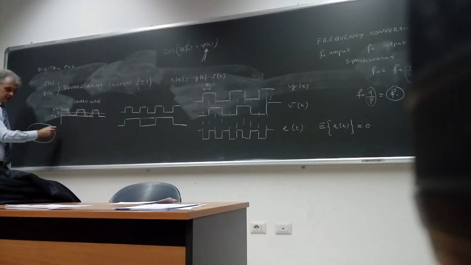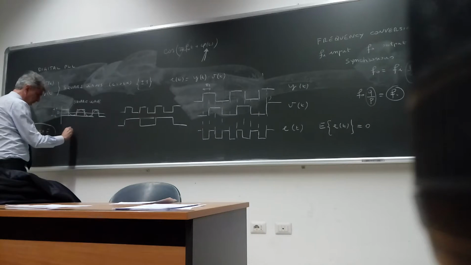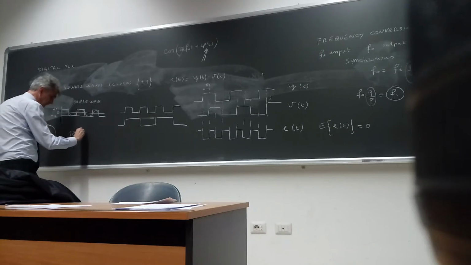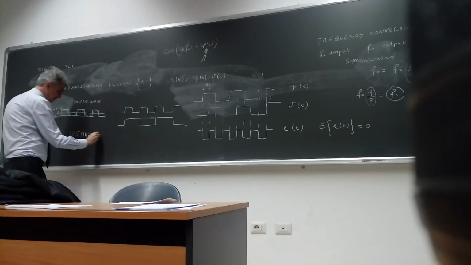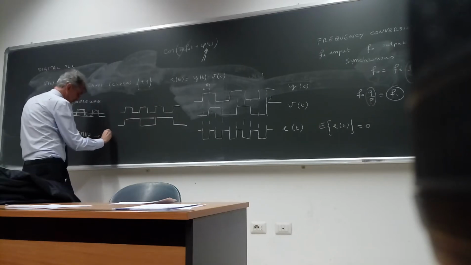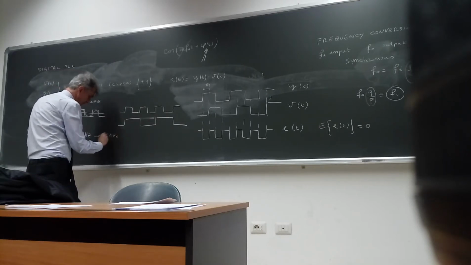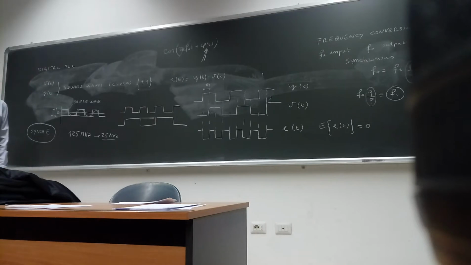In the Ethernet, you have a clock at 125 megahertz. Okay? This clock can be divided typically to 25 megahertz, which is the typical frequency of the Ethernet.